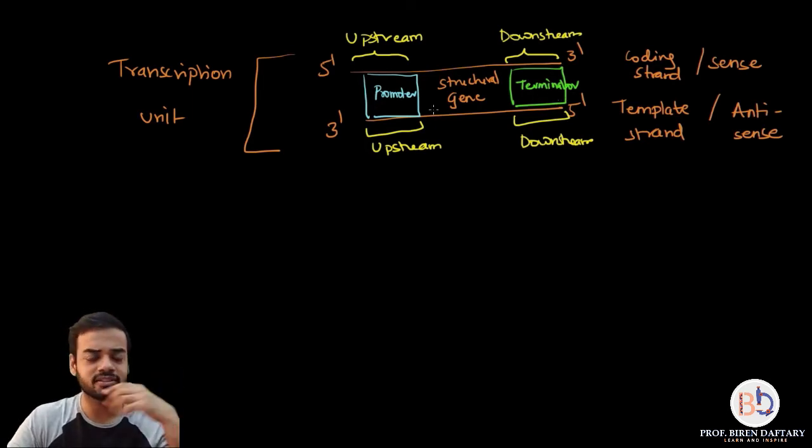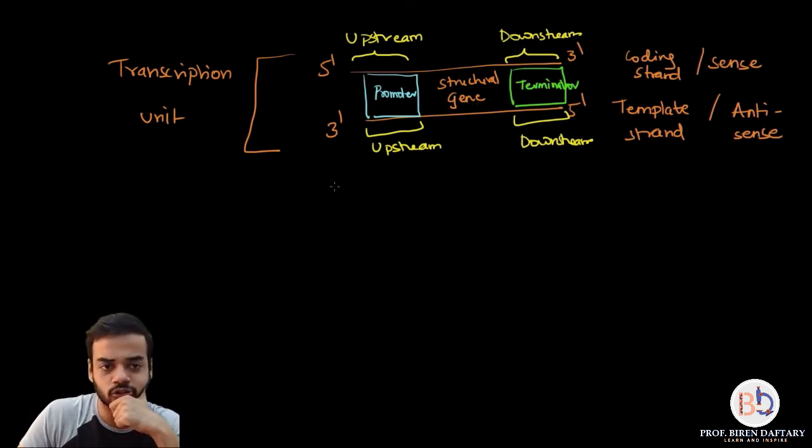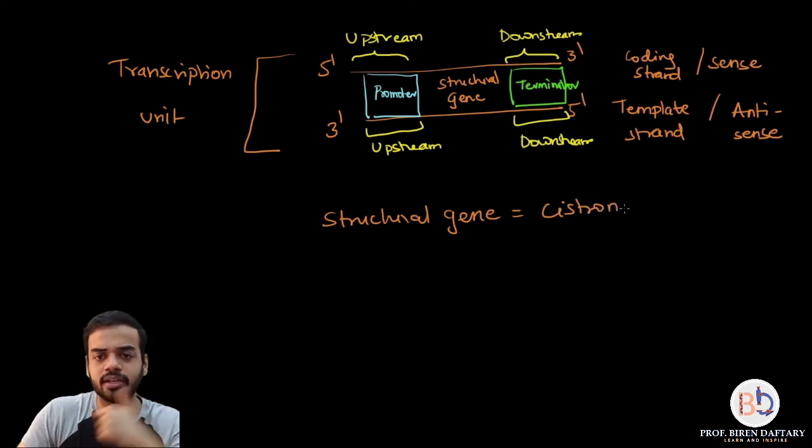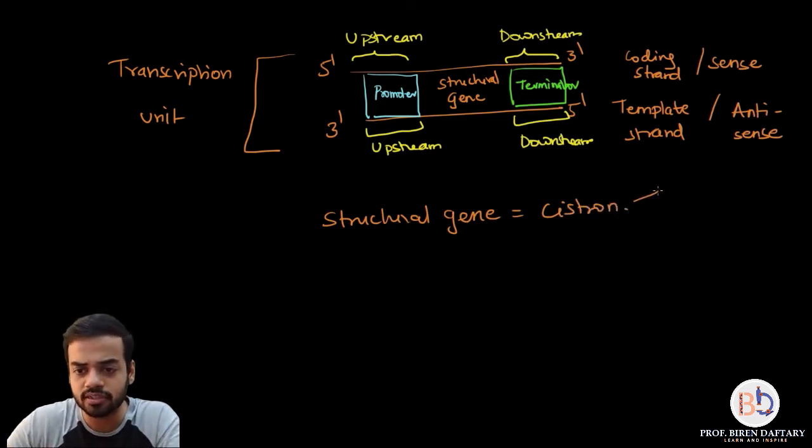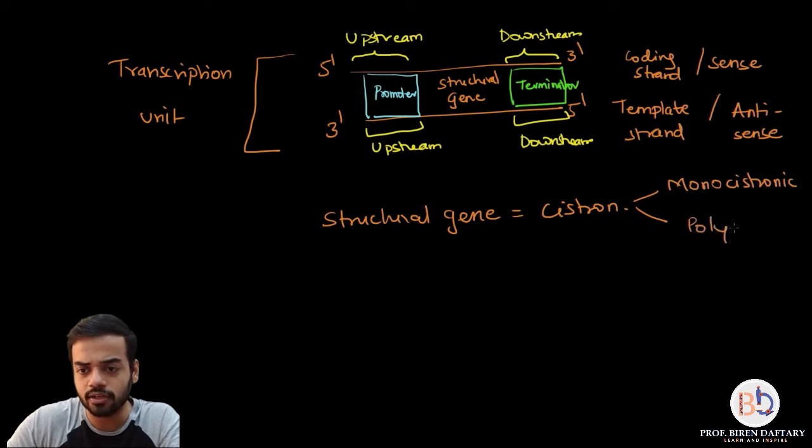Now coming to the structural genes part, structural genes are also called cistrons, so I hope you have not forgotten that. Another name for a structural gene is a cistron. And because of that there are two words, monocistronic and polycistronic.